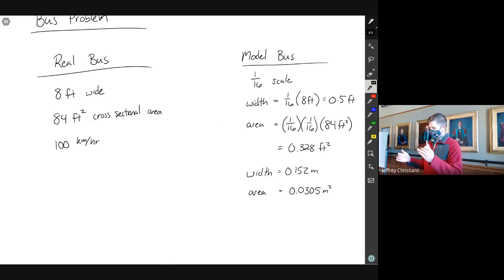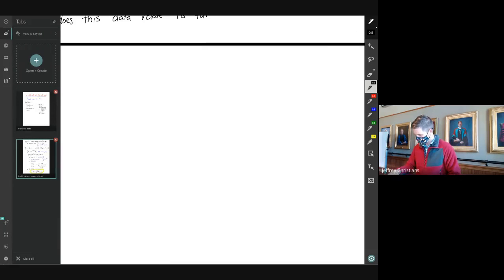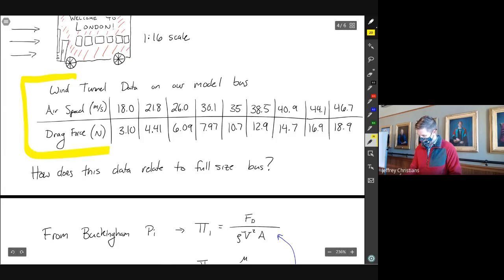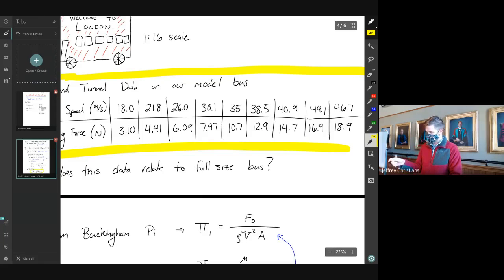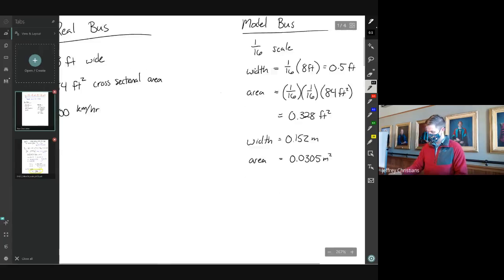Okay. So we have these two different systems, our real bus, our model bus. We took a whole bunch of data, right? We took all of this data here in our wind tunnel on our model bus. We want to see how does that inform the actual real size bus. So we want to look at these two parameters, drag force and Reynolds number.